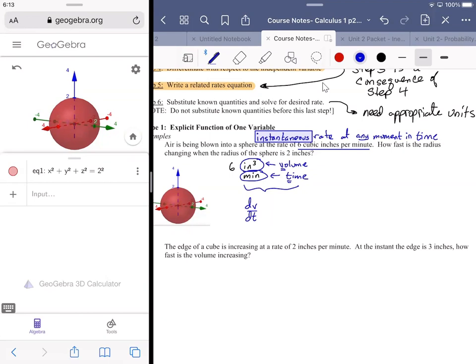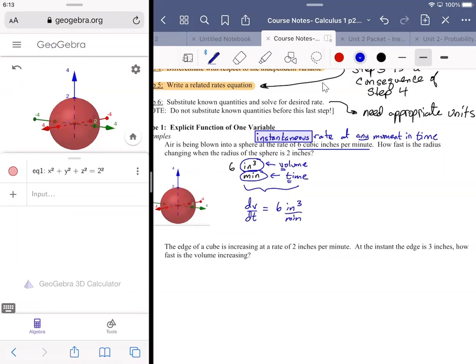So here I'm saying we're going to let V equal volume in cubic inches, and we're going to let T equal time in minutes. But I think my arrows and the circles and underlining kind of gets that across. So that's telling us that dV/dt has to be 6 cubic inches per minute.